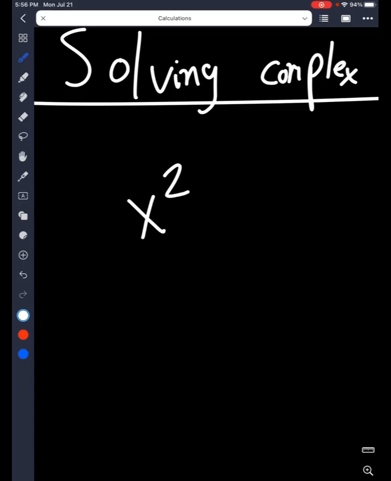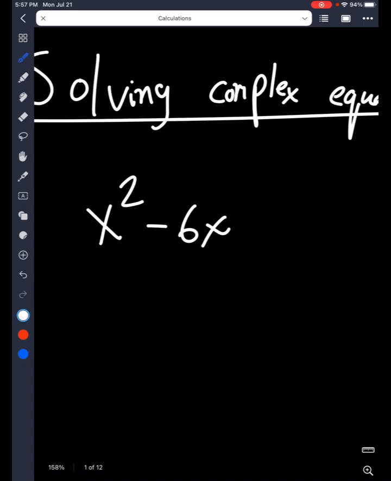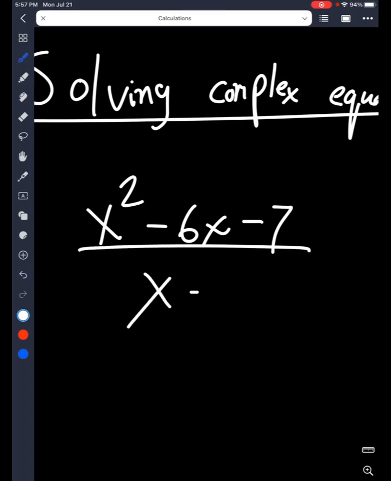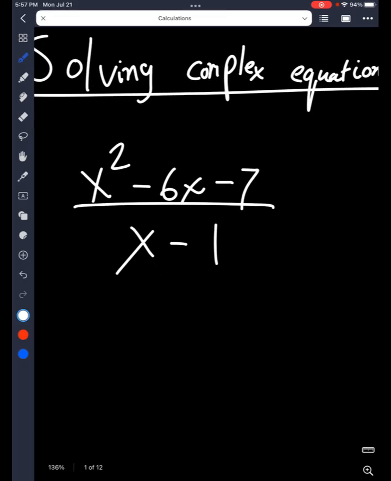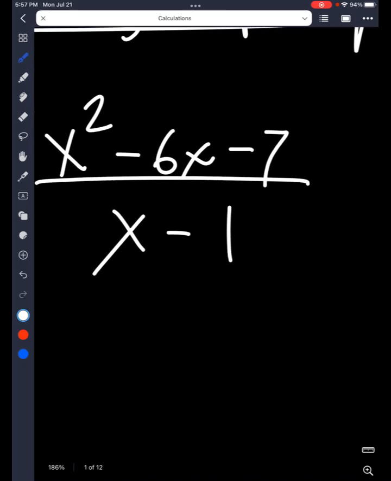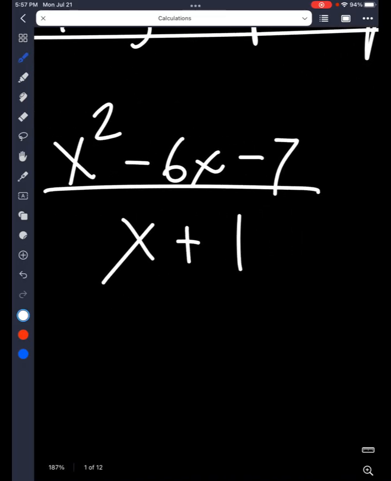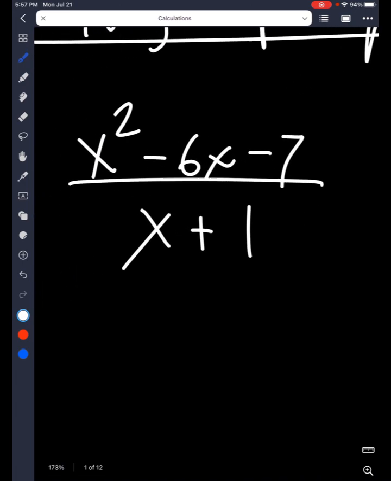Let's say we have something like x squared minus 6x minus 7 over x plus 1. You might be like, okay, now what can we do in this case?